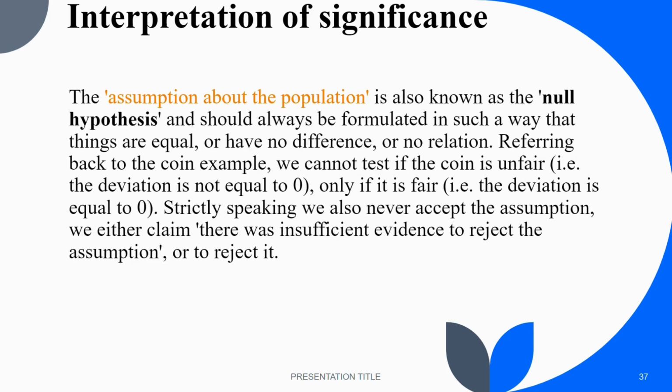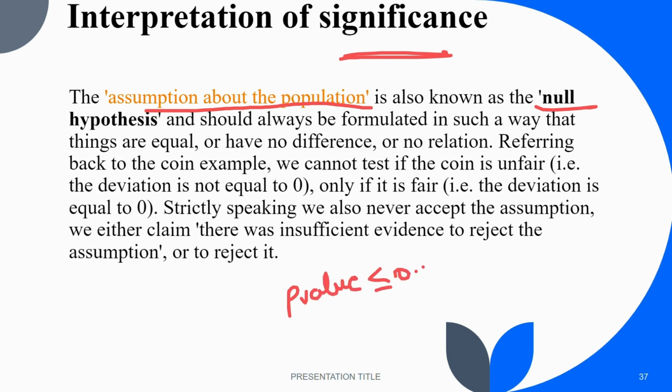So in conclusion, our interpretation of the word significance that we have seen is that the null hypothesis is an assumption about the population. If we get the probability value as less than or equal to 0.05, we say the null hypothesis is rejected. That means I am saying that it cannot be true.